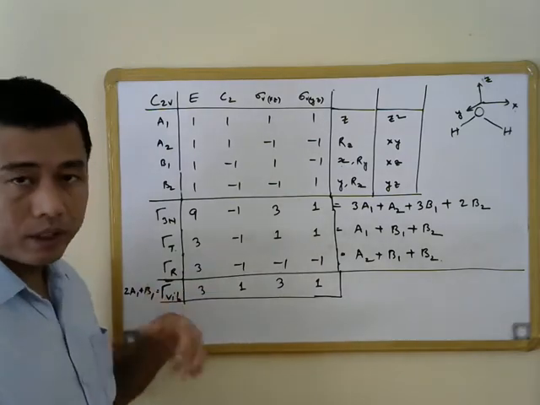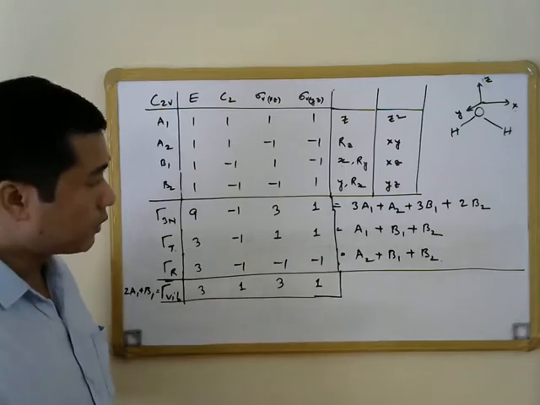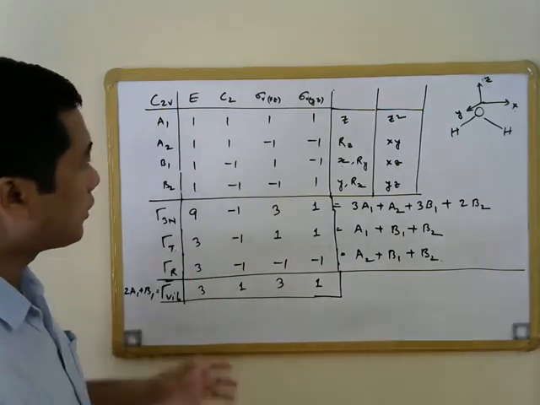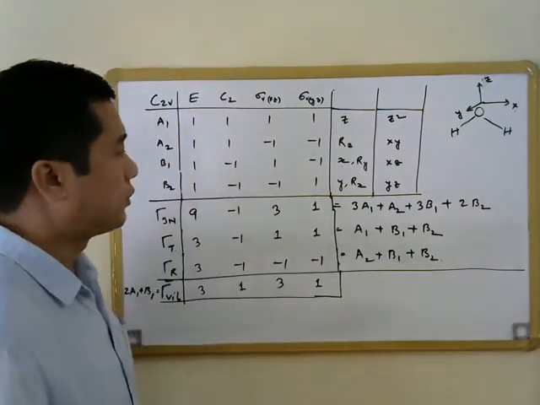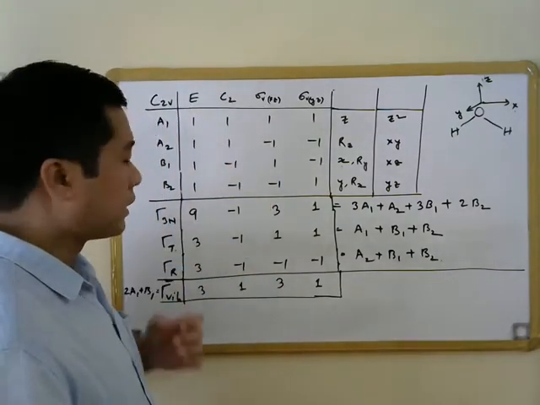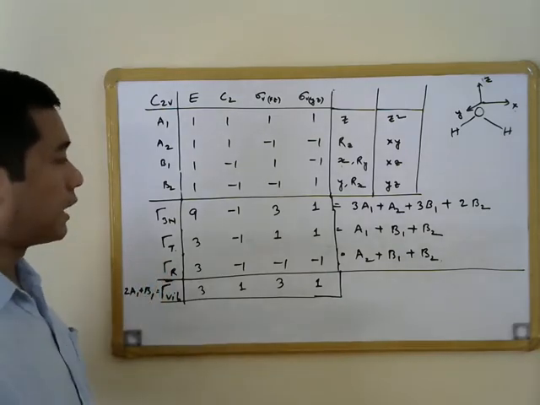Then we have an alternative approach as well to find out the symmetry of the vibrational modes, because we already know the irreducible components of gamma 3n, as well as the irreducible components of gamma t and gamma r.